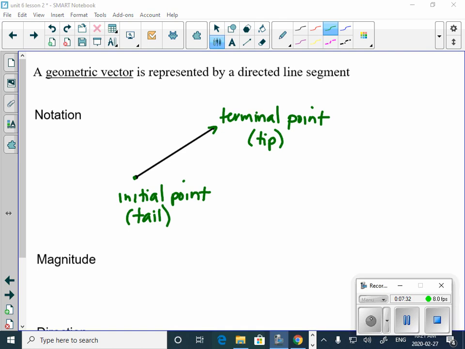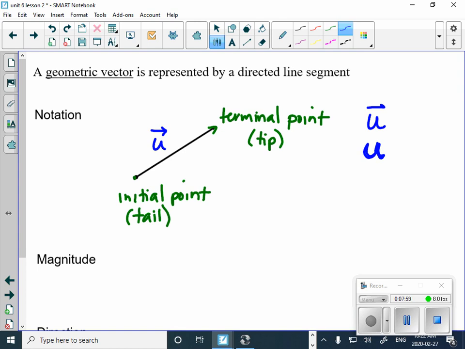The notation that we use to show a vector, so if this is vector u, we usually put an arrowhead over top. As mathematicians, we're getting terribly lazy, so you tend to have a letter with like a half an arrow, like that. Some books you will find, they take that letter and they bold it, and that would indicate a vector.